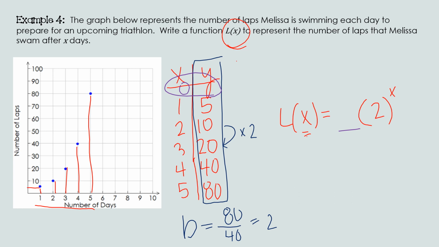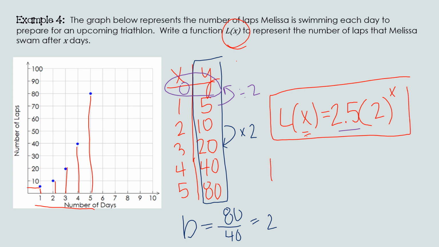If I know that the pattern is multiplying by 2, if I go backwards, then I would divide by 2. And 5 divided by 2 is 2.5. So that means that my A value is 2.5, and this would be my equation. Now again, as a reminder, we could also write this without the parentheses, and we could write 2.5 and then just times 2 to the x power.